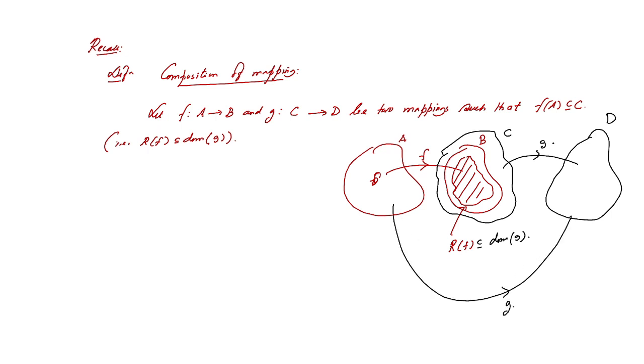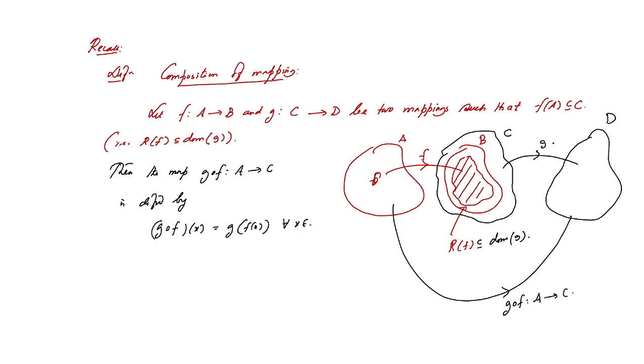The composition will be g composed f, and that is a map from A to C. The map g composed f from A to C is defined by (g composed f)(x) equals g(f(x)) for all x belongs to A, and is called the composition of maps f and g. This is exactly the definition of the composition of mapping.